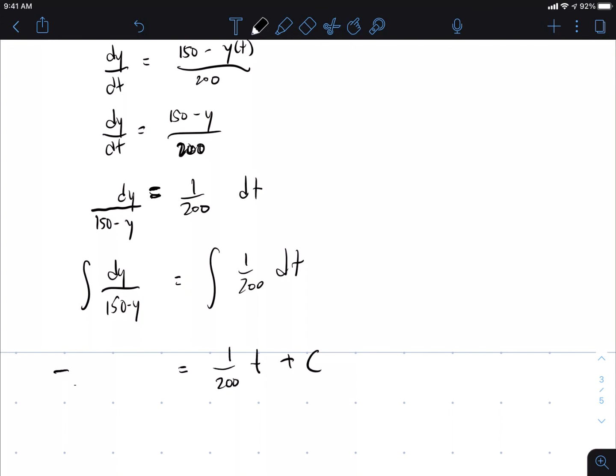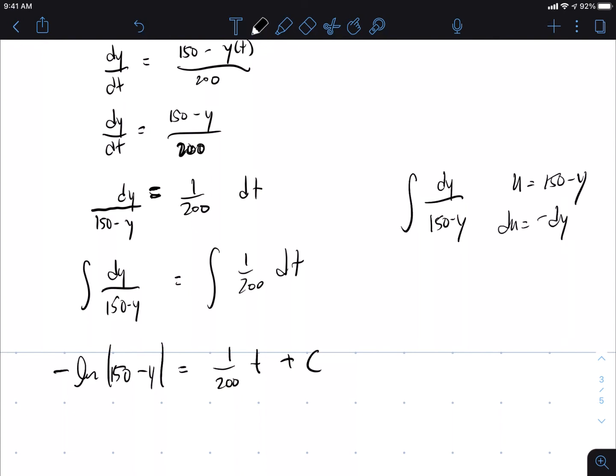It's got to be negative ln of 150 minus y. Does everyone see why it's a negative? Because of the y, right? It's minus 1. Correct. Because it's minus y when you do this integral, the u-sub that you would have done gets you a negative dy. Does that make sense to everyone? Yes. Okay. Just making sure.